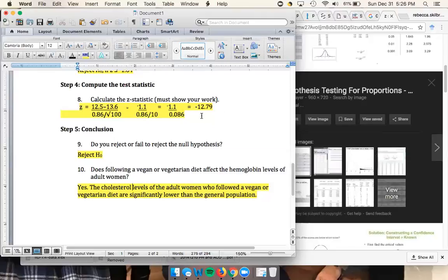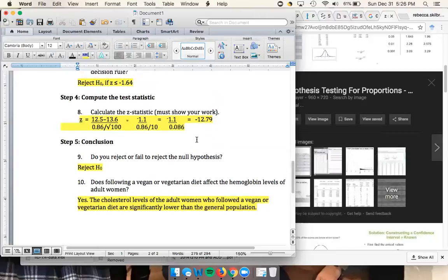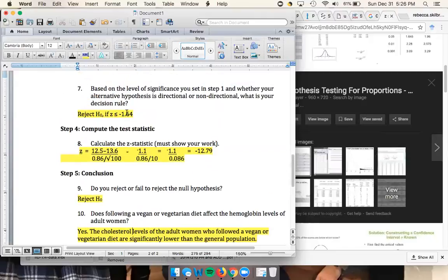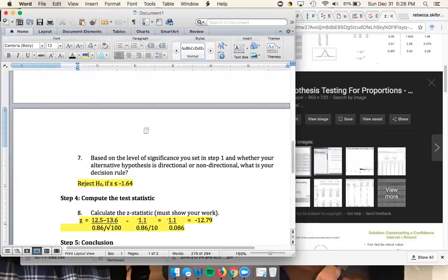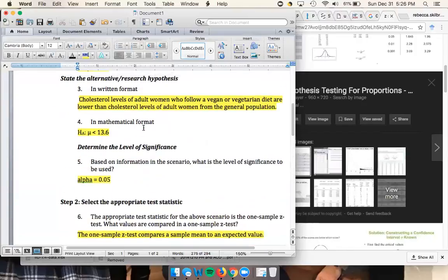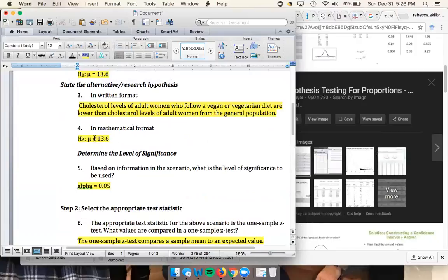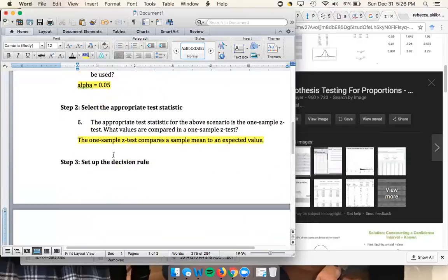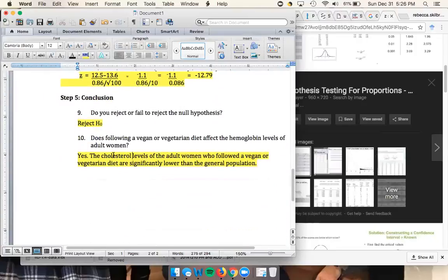As you can see, it was negative 12.79 for our z-score test, which is less than the critical value. So that means that the values were much less. Their cholesterol levels are going to fall below the population average of 13.6, which means that we are going to reject the null that they are equal.